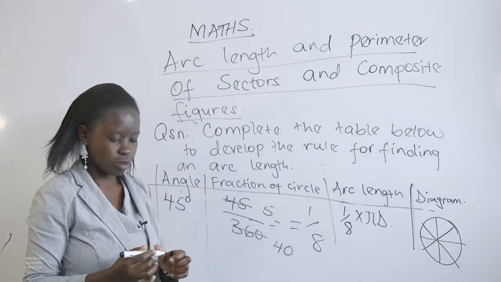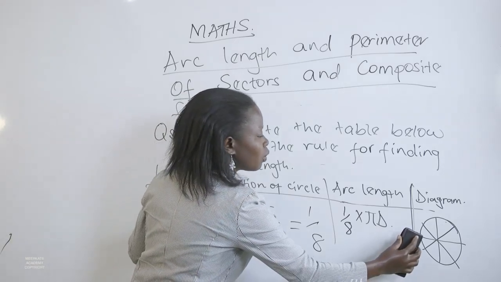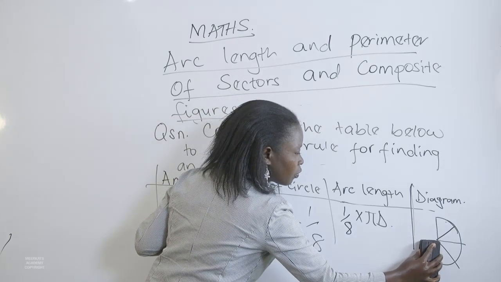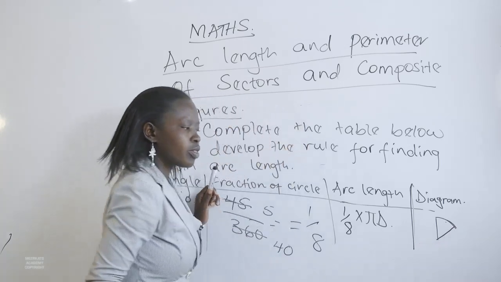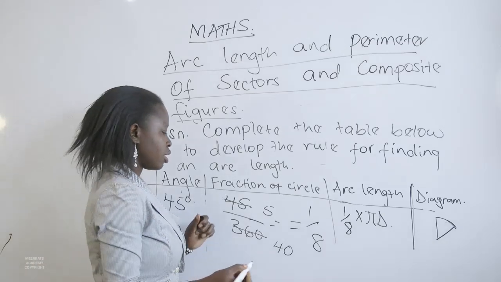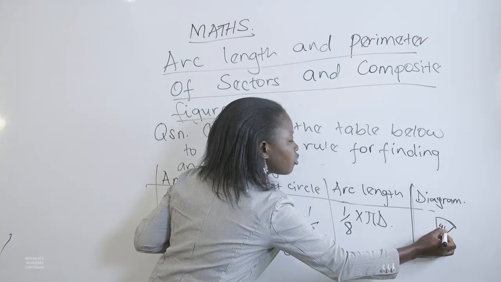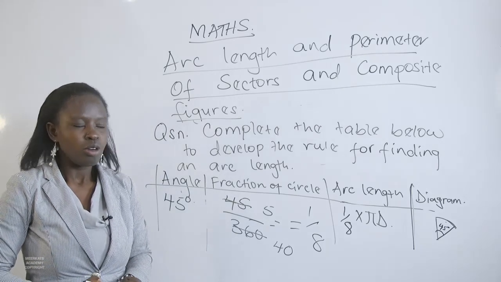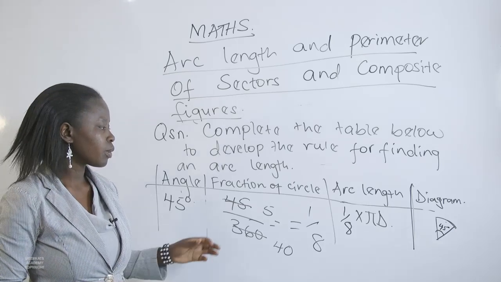One of the portions we've come up with will represent whatever we are talking about. So that is the eighth of the circle that we have, and this one is subtending 45 degrees at the center of that given circle.